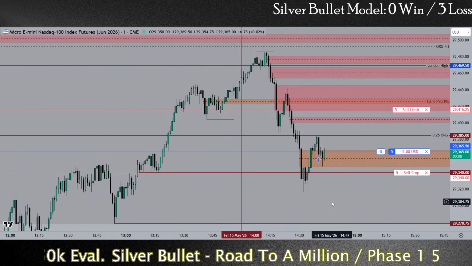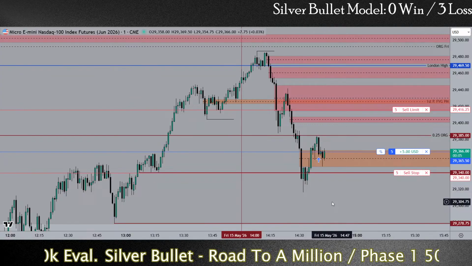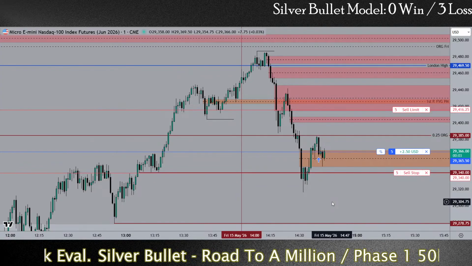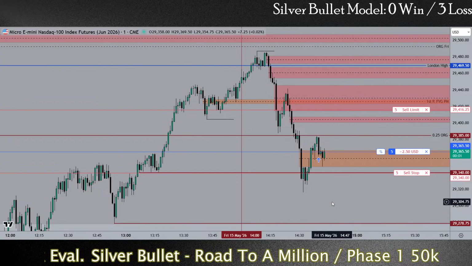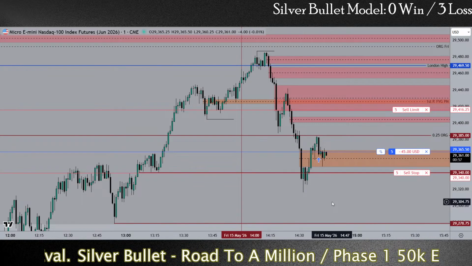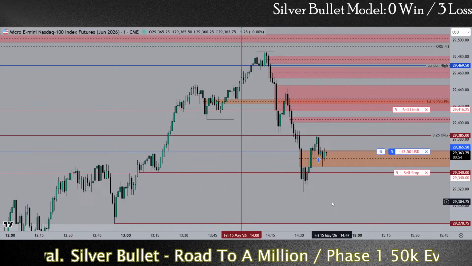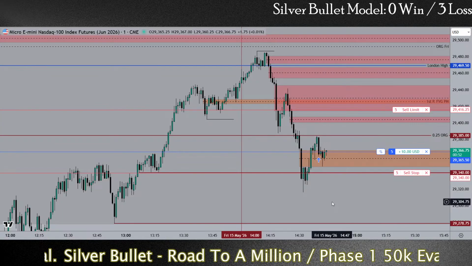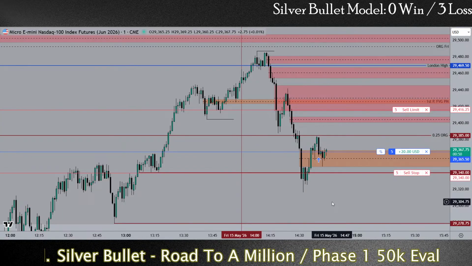All right, let's see if we can close above it. That would be ideal, and start moving away from it, because we already spent about enough time for it to move. Time is ticking though, time is ticking.